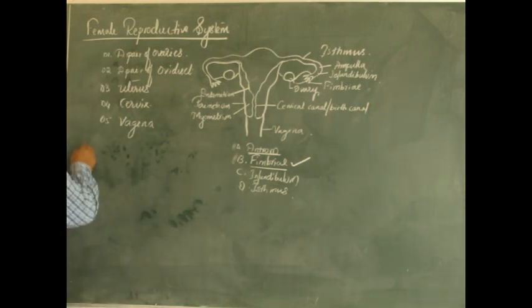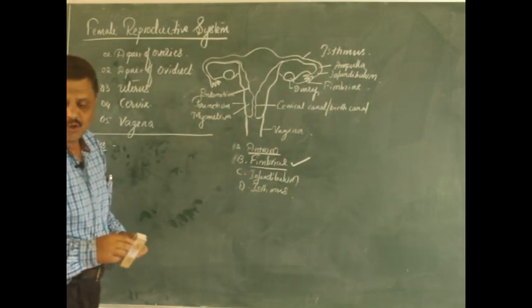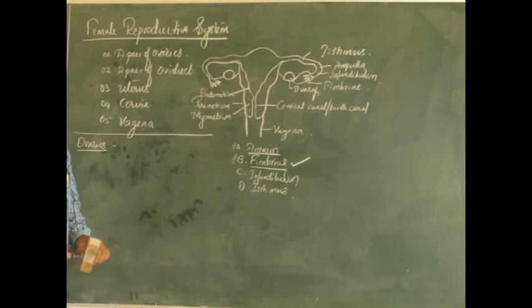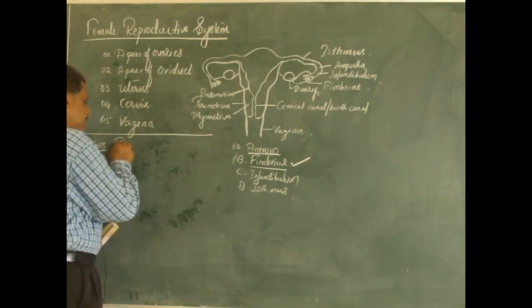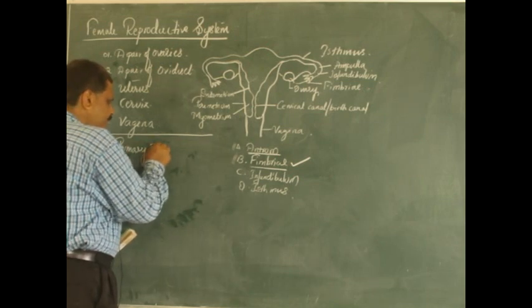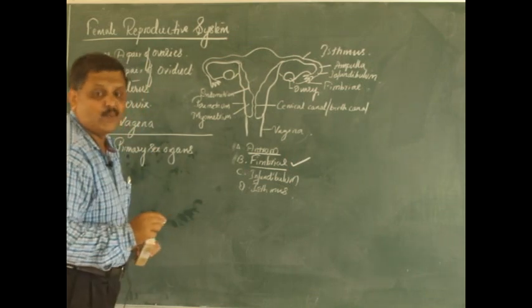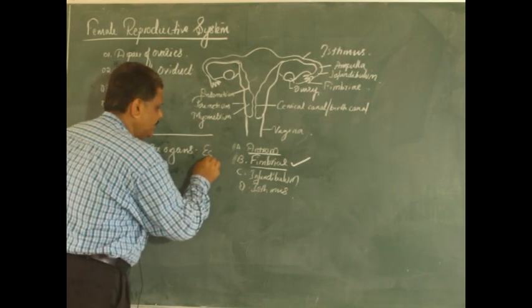So now let us go to each and every part in detail. First, I'll concentrate on ovaries. Ovaries are also called primary sex organs. Why they are called primary sex organs? Because they are responsible to produce eggs.